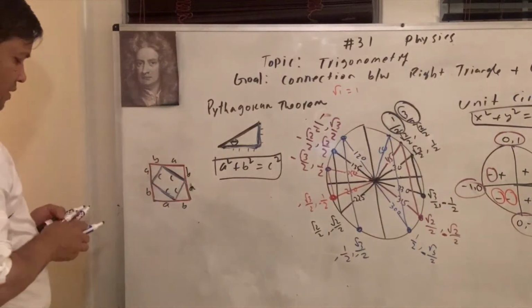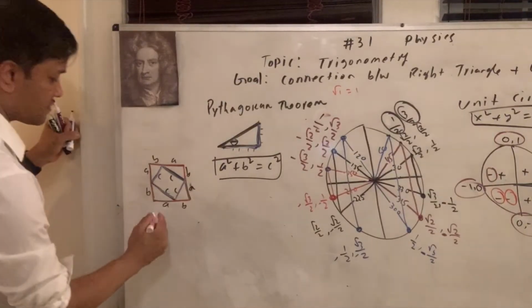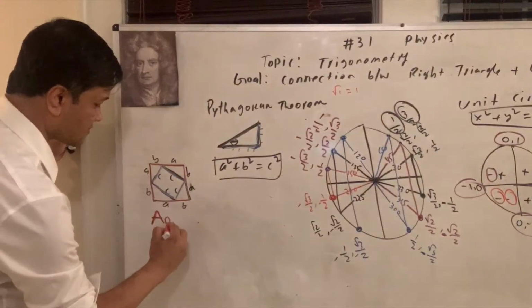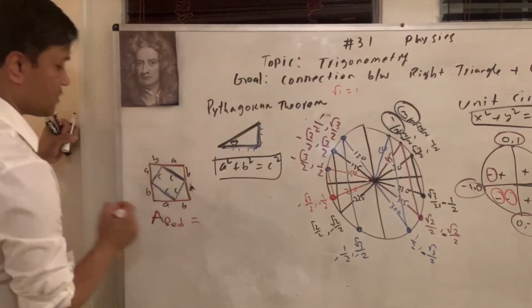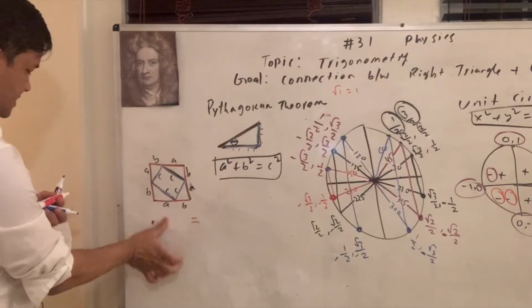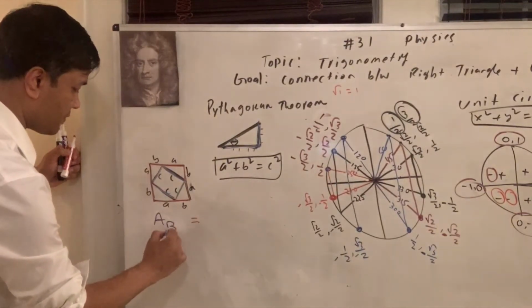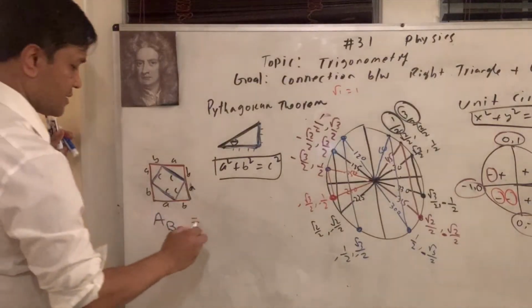All right, so I'm going to write the area of red equal to area of blue. Let's write area of blue. Area of blue is equal to area of red.